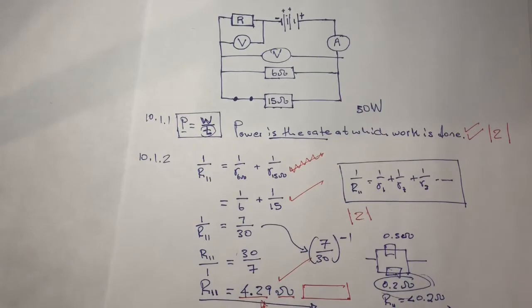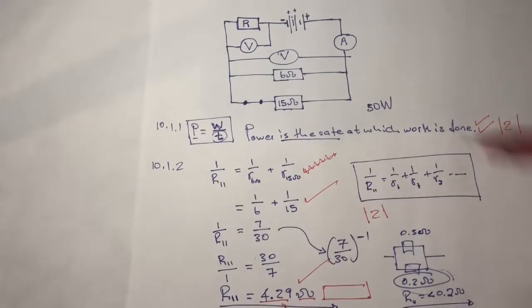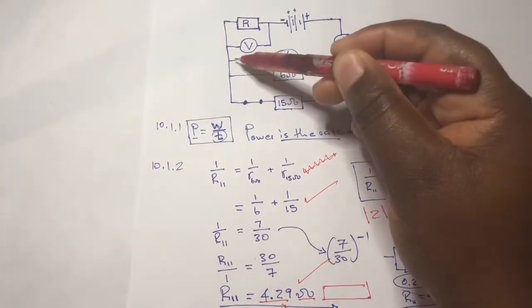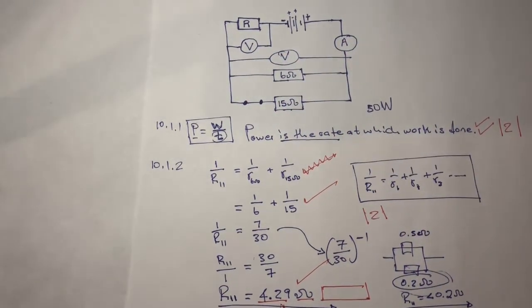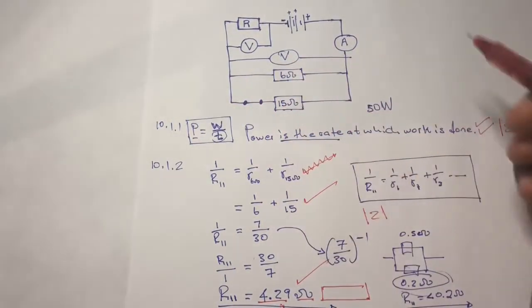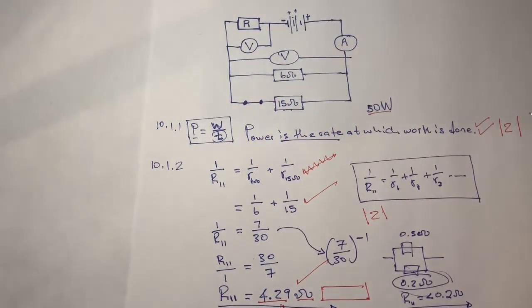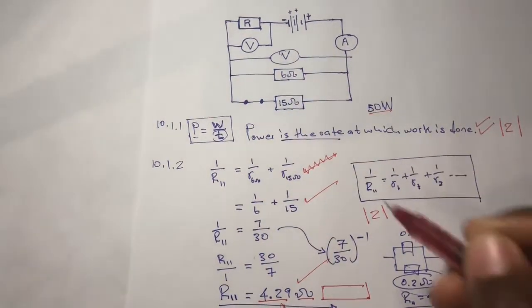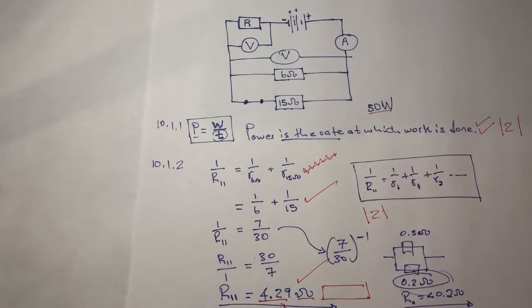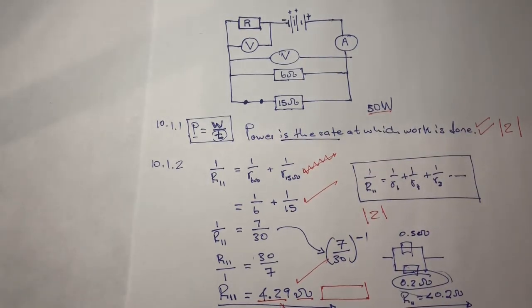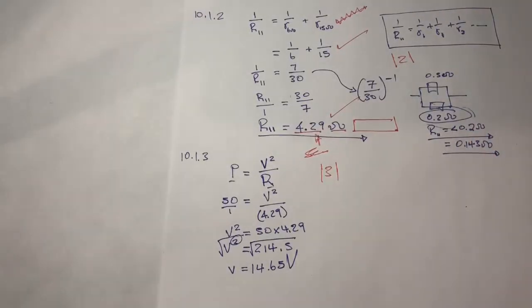So it's more like you are calculating that voltage connected across the parallel combination. You've got enough information for this parallel connection. You were given the power dissipated there. You calculated the effective resistance of these two resistors connected in parallel. So you are now expected to calculate the potential difference across the resistors in parallel.